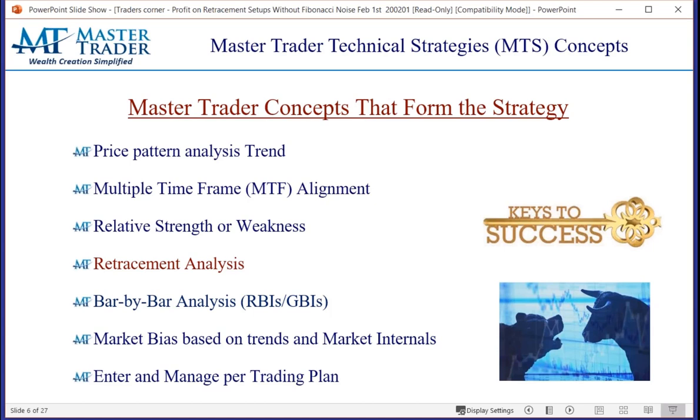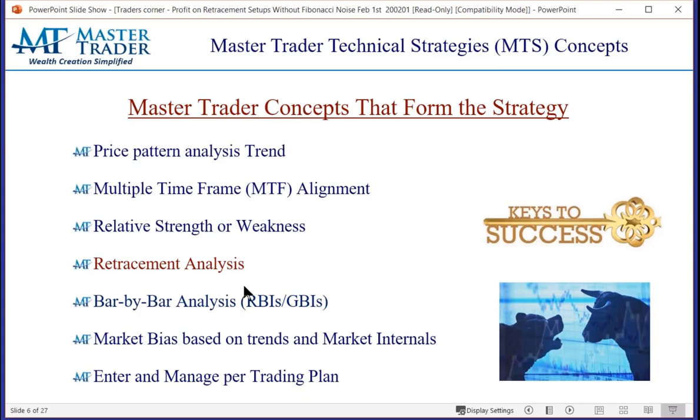It's that simple. These are the other concepts that you're going to hear me talking about that form our approach to MasterTrader technical strategies. Price pattern, I mentioned, no pattern, no trade. Multiple time frame alignment. Is it showing relative strength or weakness to the broader markets and the sector or key competitors? This is what we're going to be focusing on today. The retracement analysis in connection with the overall pattern.